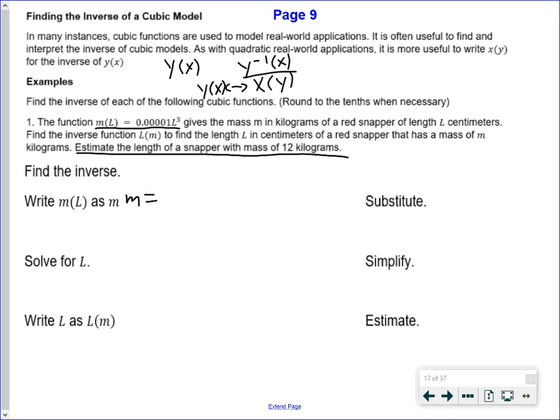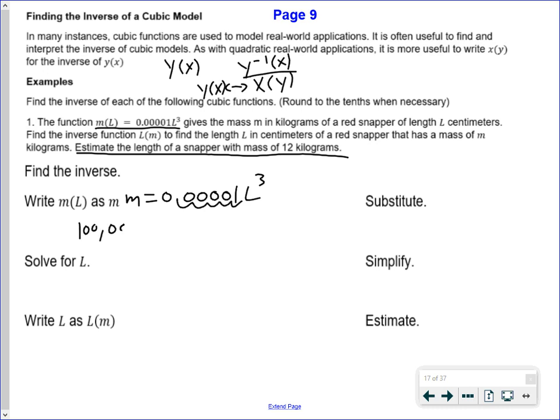So we have M equals 0.00001 L cubed. First, we're going to isolate the L. So we're going to get rid of that 0.00001, and to do that, we're going to multiply both sides by 100,000. That's because we're going to move over the decimal five places, so we need to multiply by some base 10 number that has 5 zeros, or in other words, just 100,000.